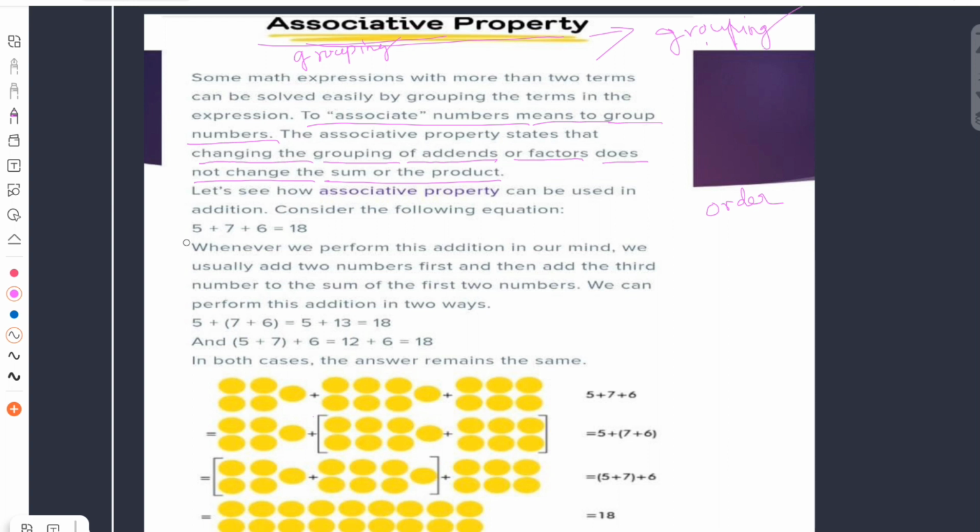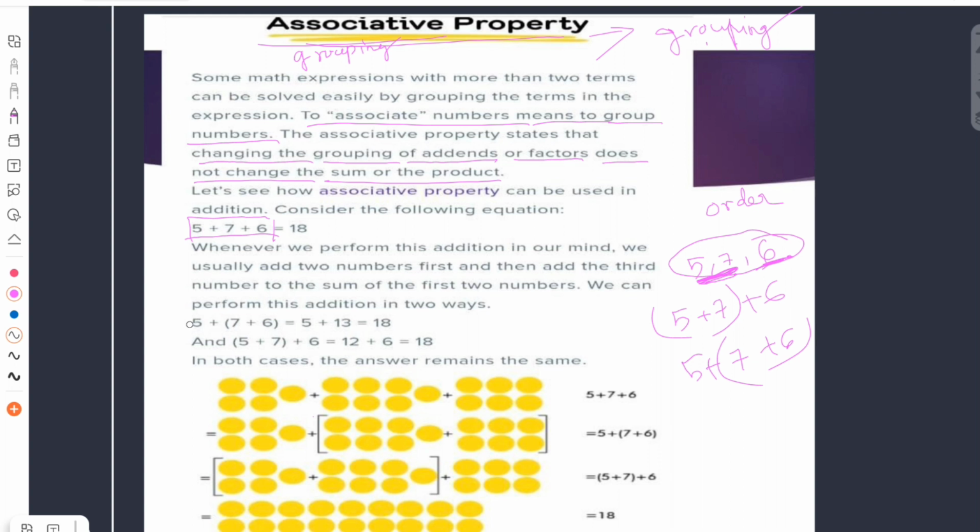Okay, let's see the expression 5 plus 7 plus 6. When you find the sum of 5, 7, 6, you of course take any two numbers first, then you add with the third number. Like that, we can add these numbers in two ways. First, we can add 5 and 7 together, then add with 6. Or else we can add 7 and 6 together, then add with 5.